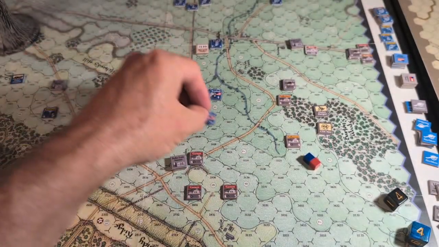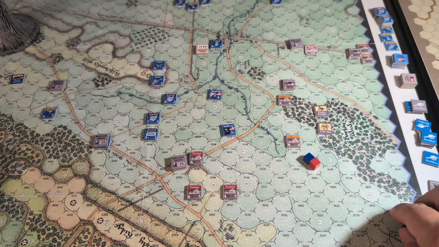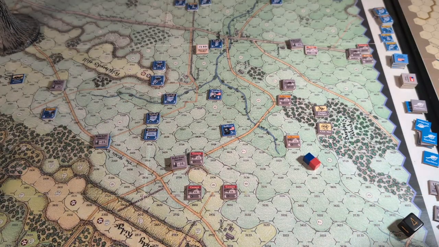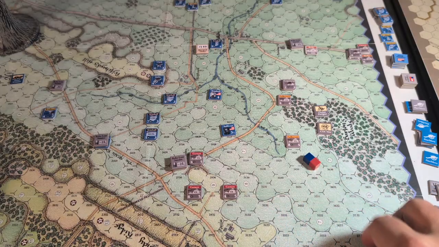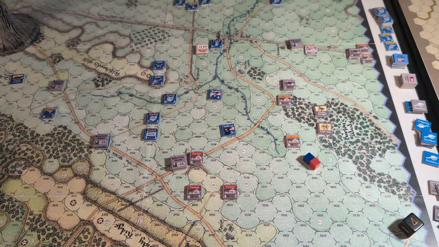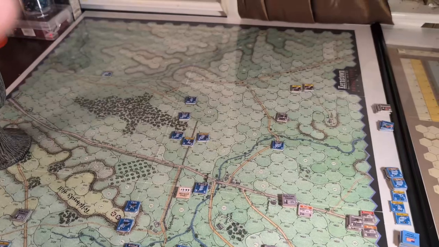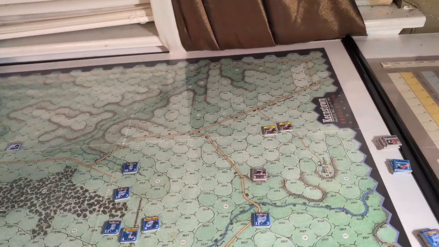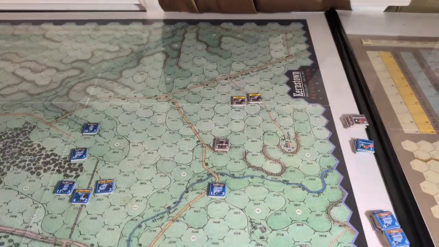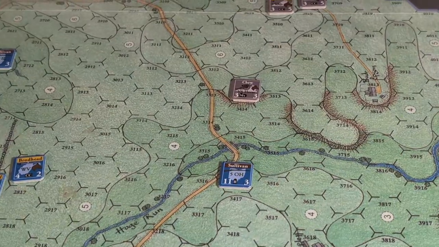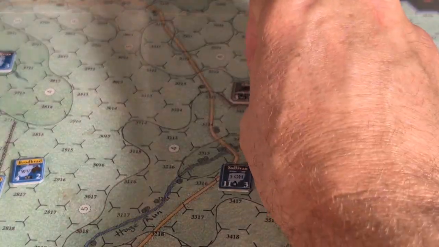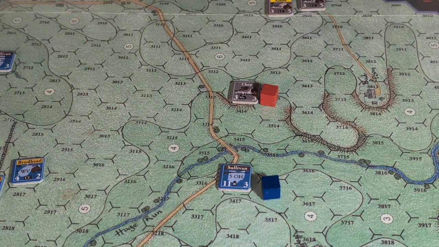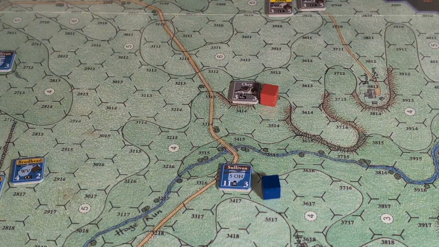Sullivan. Okay, got a 3. So we have 1 unit down here. He can fire. He's rifled. 1, 2, 3 X's away with rifled.